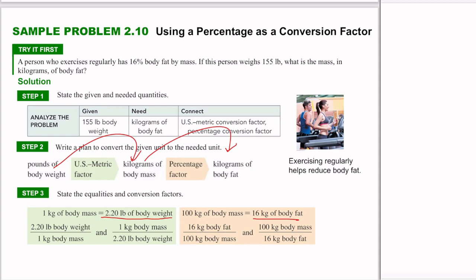Therefore, if we have 16% body fat by mass and our units are in kilograms, we'll have 16 kilograms of body fat per 100 kilograms of body mass. So we can use that as our second conversion factor.